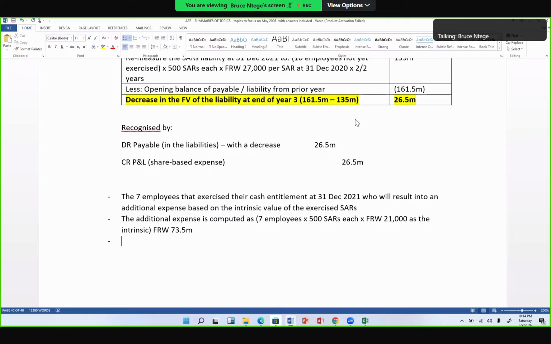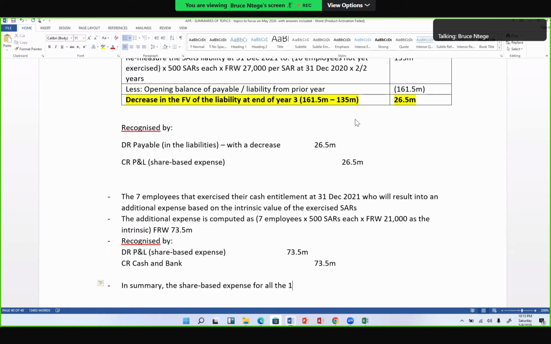Okay, so 73.5. Meaning that in summary, the share-based expense in the P&L from these 2 groups of employees, all 17 employees, in the year ended 31st December 2021 is, remember that we had a credit reducing an expense of 26.5, and now we have a debit of 73.5.